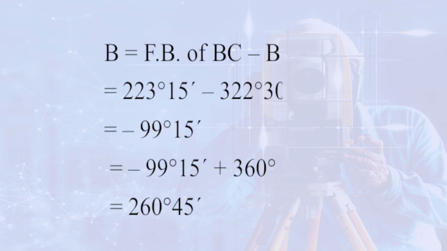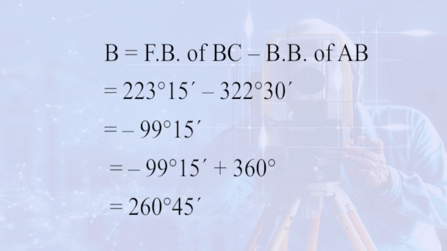Now, included angle B can be calculated as forebearing of BC minus back bearing of AB. Since forebearing of BC we have calculated as 223 degree 15 minutes minus 322 degree 30 minutes, it will result in minus 99 degree 15 minutes. Since it is also negative, we will add 360 degree to it and it will ultimately result in 260 degree 45 minutes.